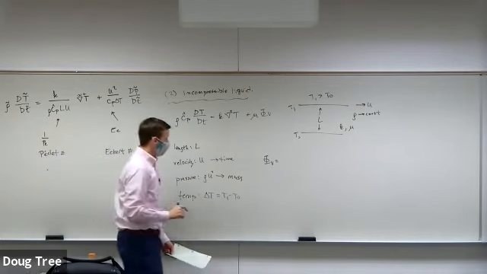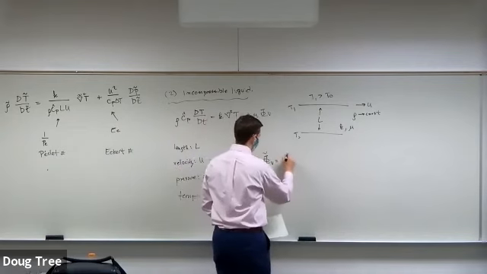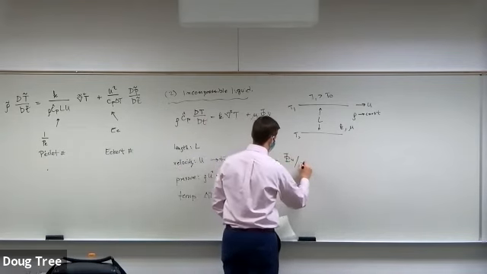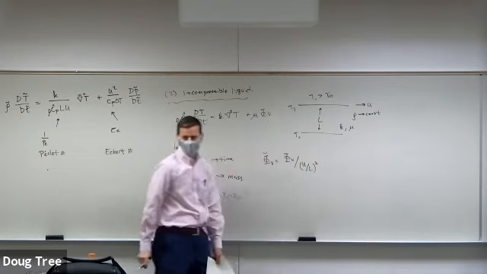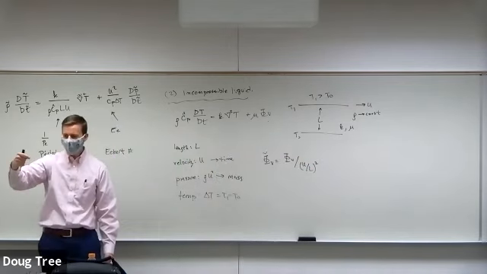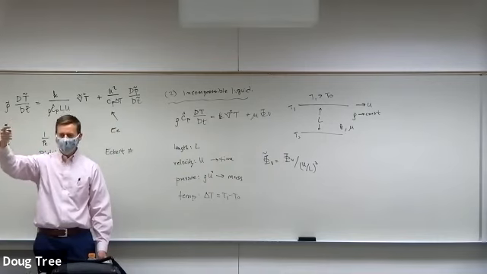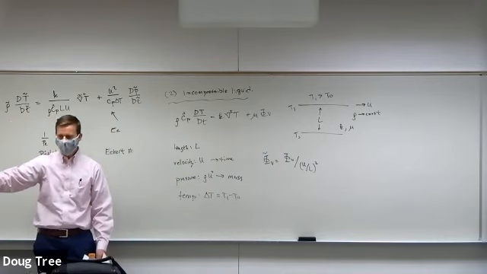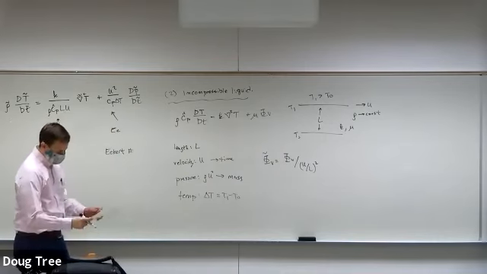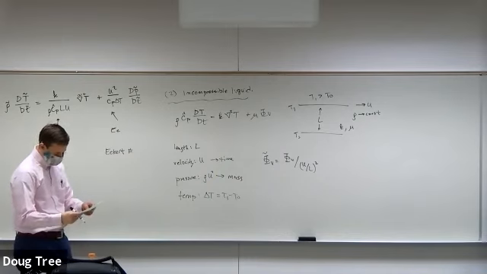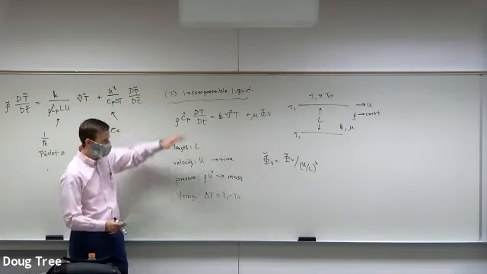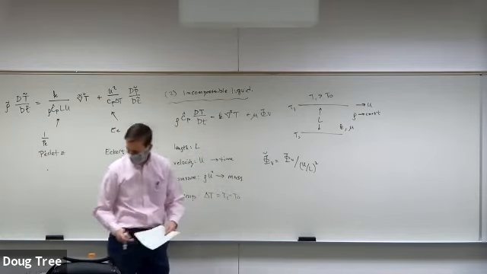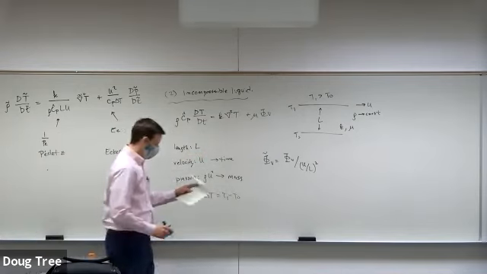To make that dimensionless, we're going to need phi v divided by (u over L) squared, because a gradient has a 1 over L, and then there's a velocity, so a velocity per length squared.